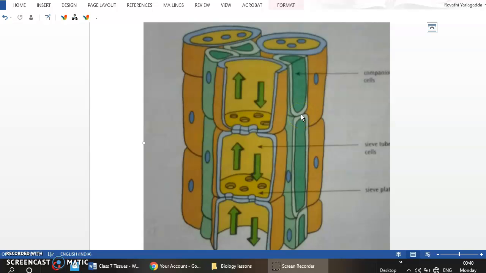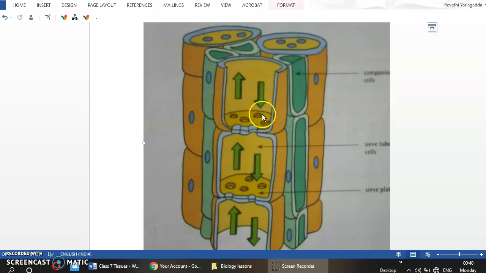They contain the cytoplasm, and this portion of the sieve tube contains a perforated plate with holes. This is known as the sieve plate.